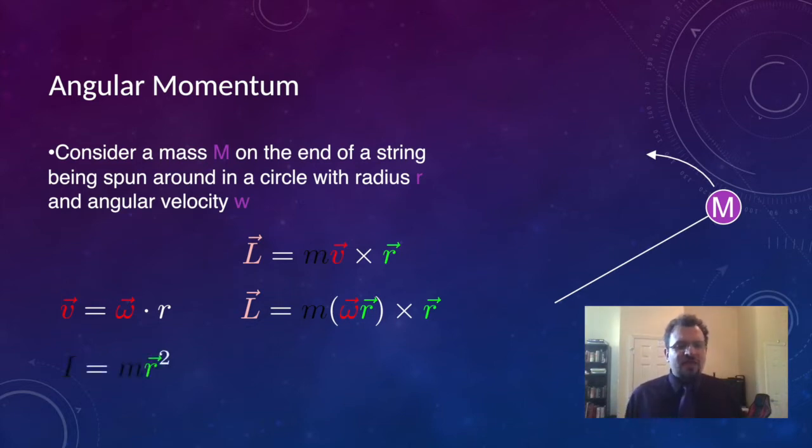We know that our moment of inertia is equal to the mass times r squared, so we can do a substitution again and end up with the final equation that we're going to be using a lot for our angular momentum, and that's going to be angular momentum L equals I omega, our moment of inertia times our angular velocity.